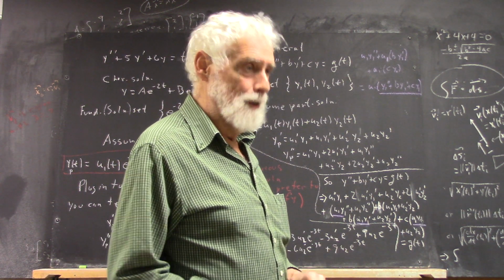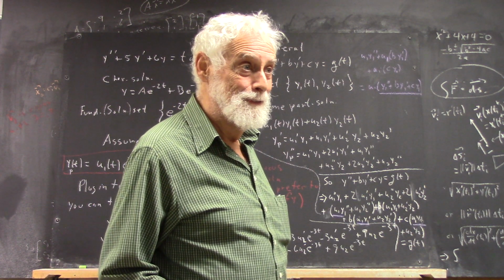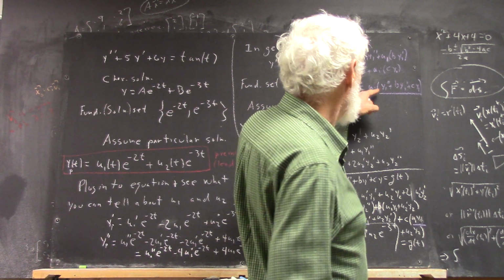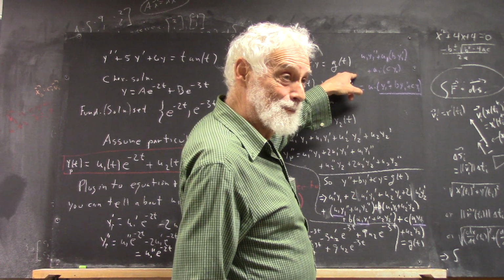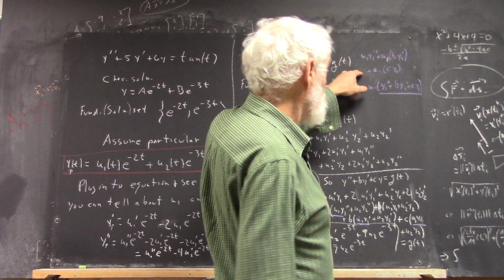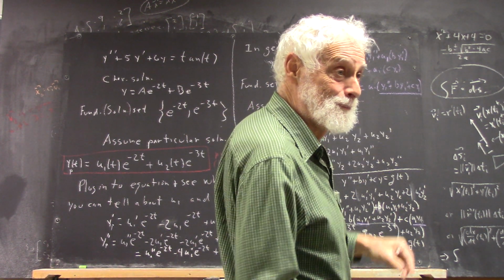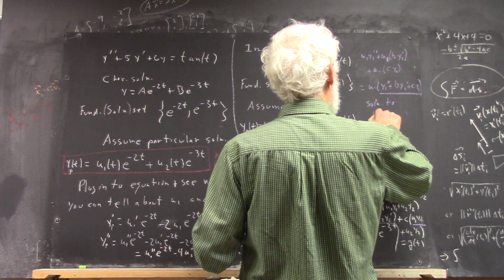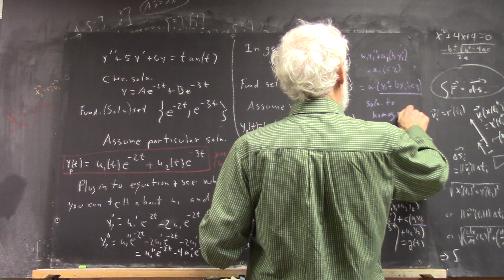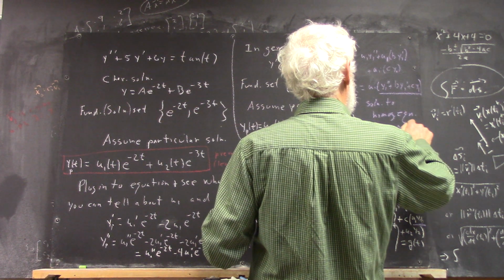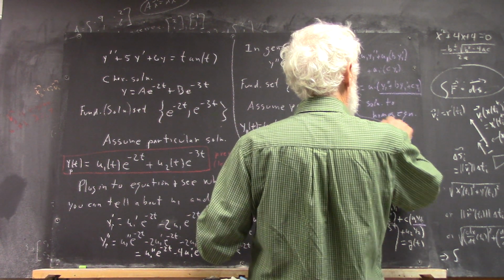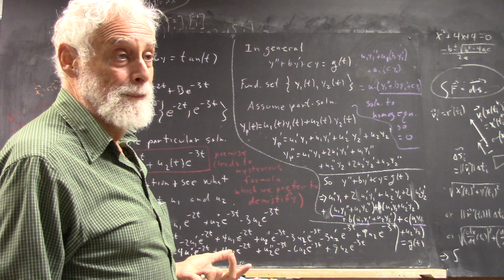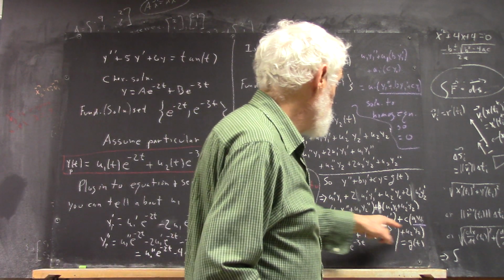The homogeneous. Which means it's equal to what? 0. This is a solution to the homogeneous equation, which sets this thing equal to 0, right? Well, if this is a solution to the equation equals 0, it's got to equal 0, right? So this is a solution to the homogeneous equation, so it's equal to 0. So guess what? These three terms add up to 0.